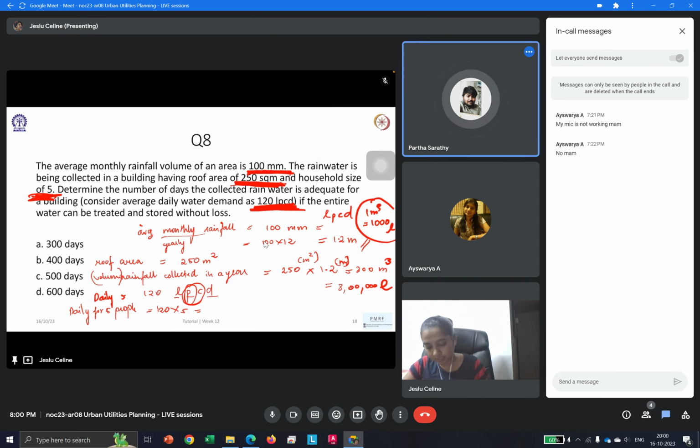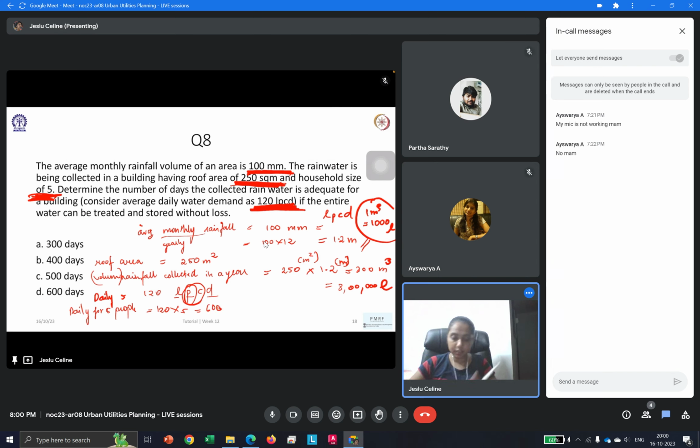Yeah, very good. So we need 600 liters in one day. And for the entire year, we are harvesting 3 lakh liters. So for how many days would it last?